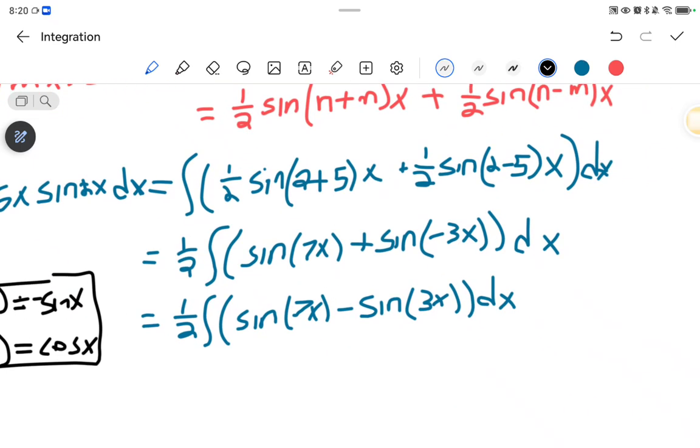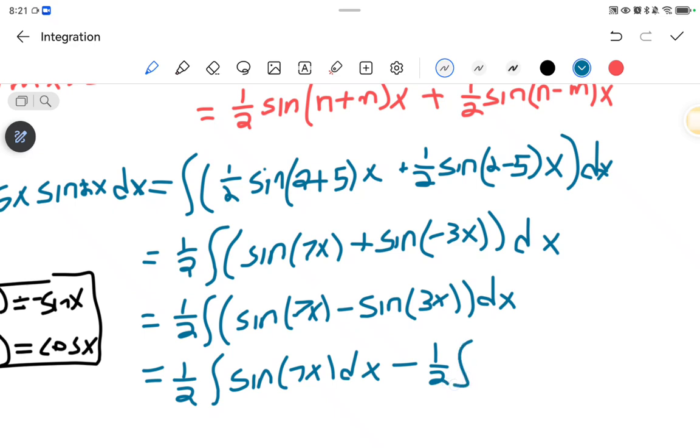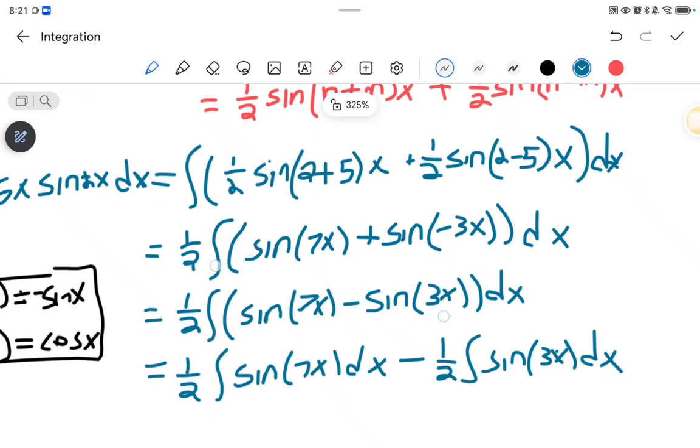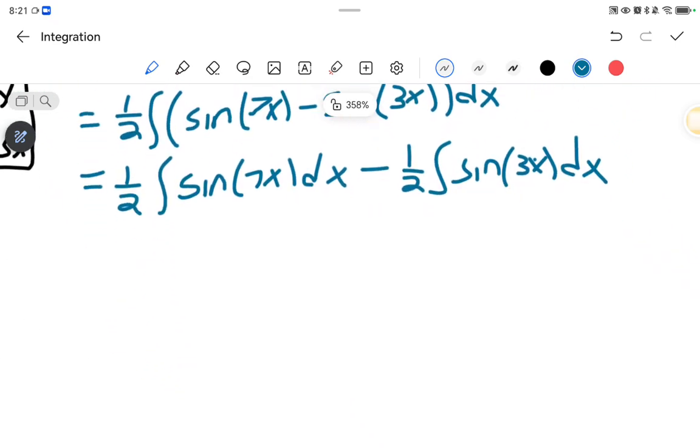We agree, right? And then now we can distribute this. So let me just distribute this with the integral sine of 7x dx minus 1 over 2 integral of sine of 3x dx.